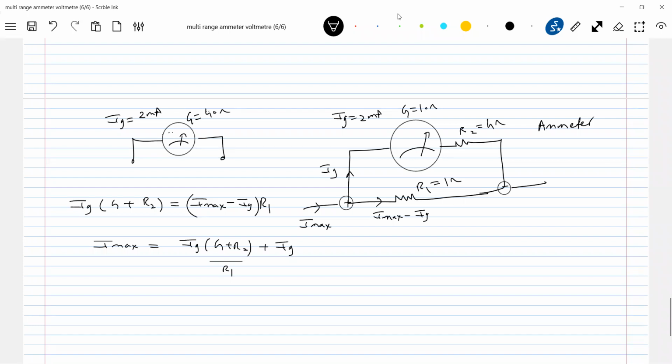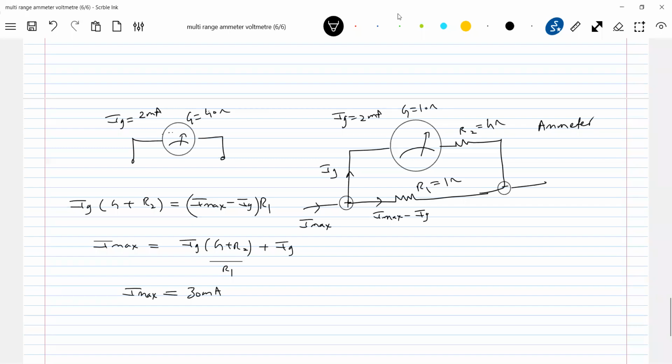We are getting this expression. Anybody, the value of Imax? 30 milliampere. An ammeter can be like this also. Even with a voltmeter, I can bring that setup.